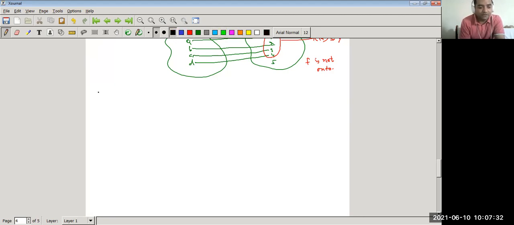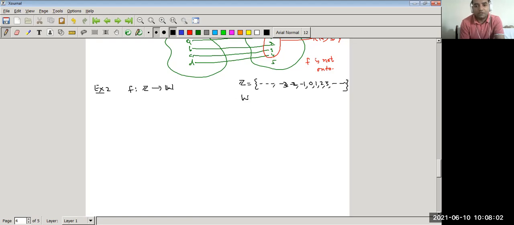Let us discuss one more example. F is a mapping from set of integers to whole numbers. So integers are all the numbers -3, -2, -1, 0, 1, 2, 3, and so on.